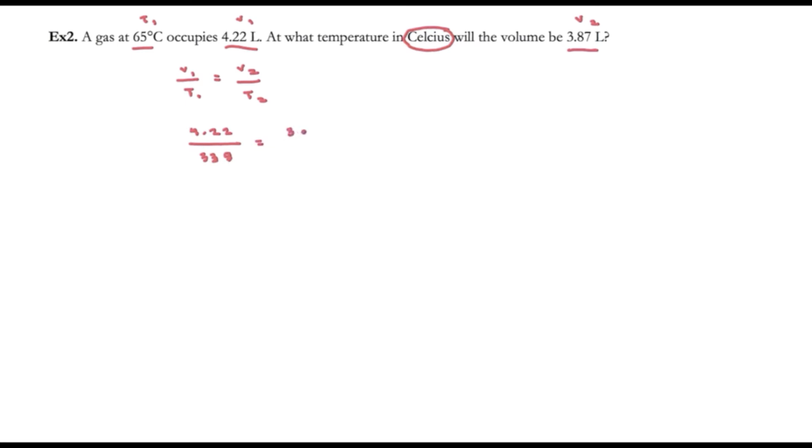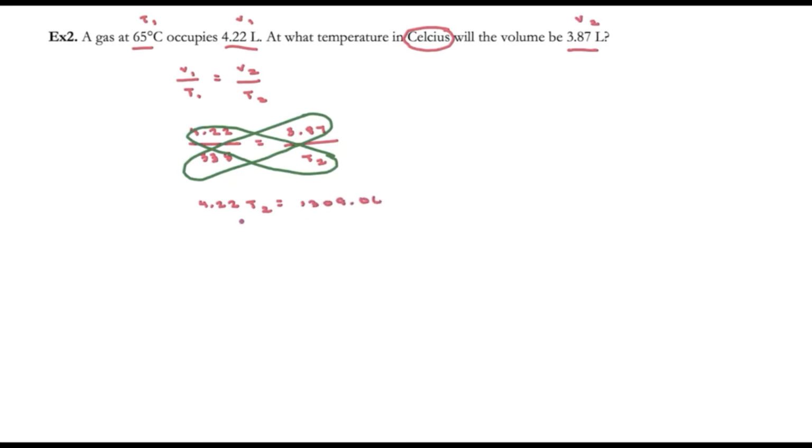So 3.87 is my V2 all over my T2. So I am going to cross multiply. Okay, and so what I end up getting is 4.22 times T2 equals, I need to take 3.87 and multiply it by my temperature, 338, and I get 1,308.06.